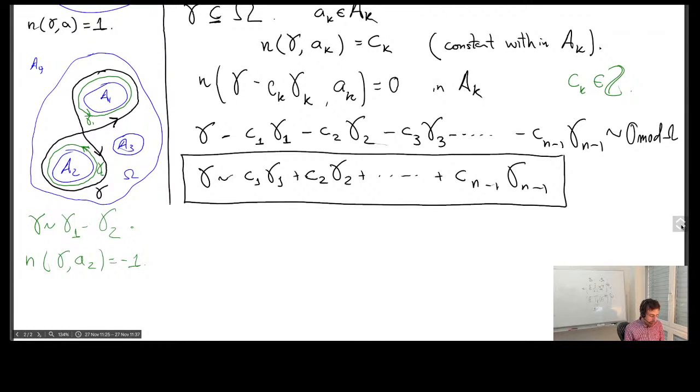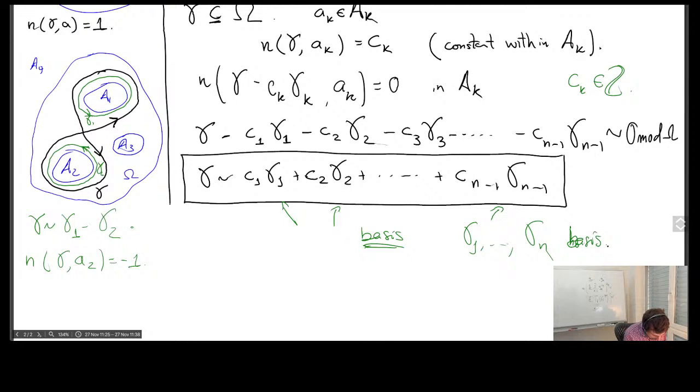Now this is clearly very much like a basis, where this gamma 1 through gamma n are what's called a homology basis, a basis of this space.